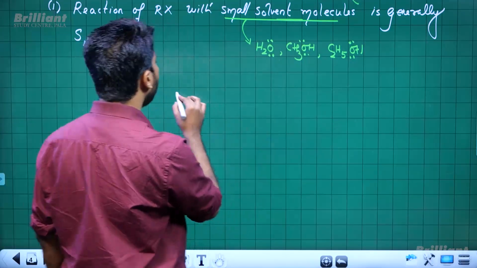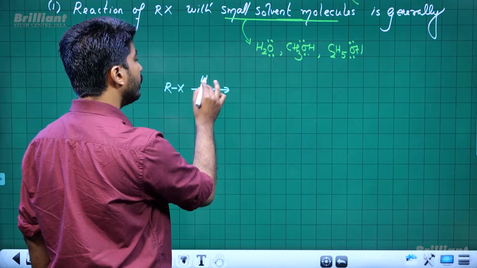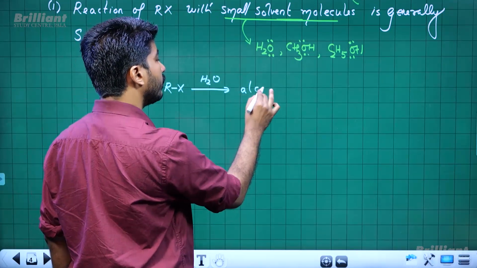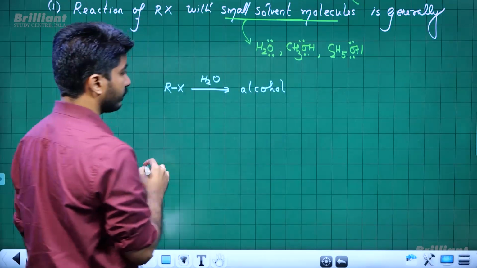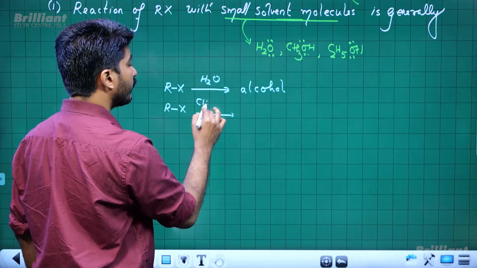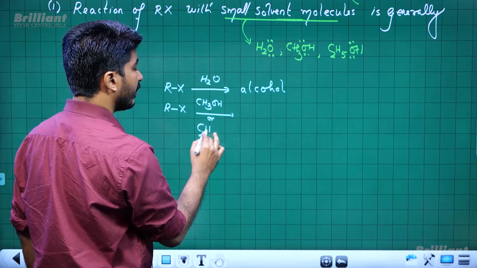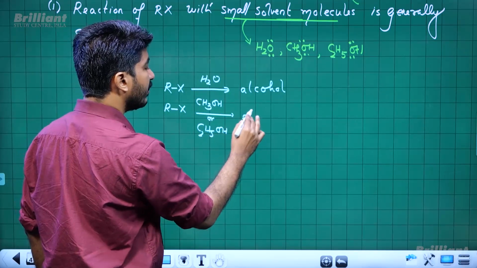And you may remember that RX with H2O, we get alcohol, right? RX with methanol or ethanol, CH3OH or C2H5OH, we get ethers.